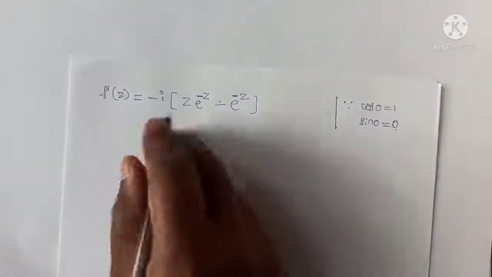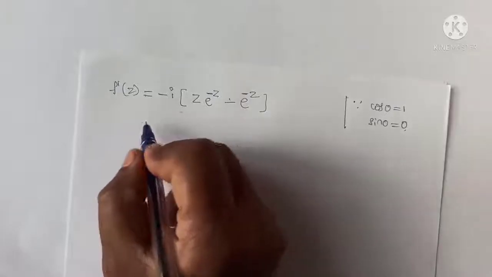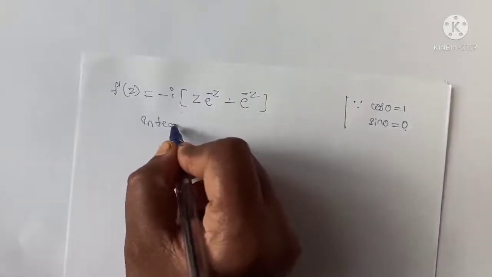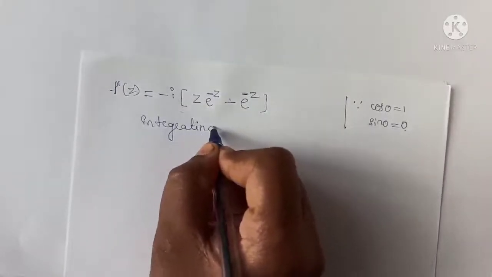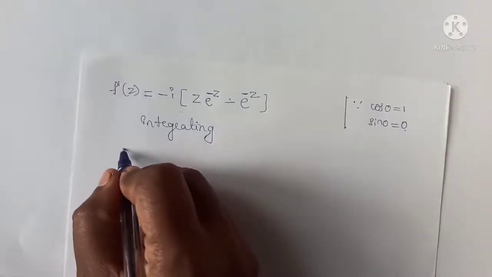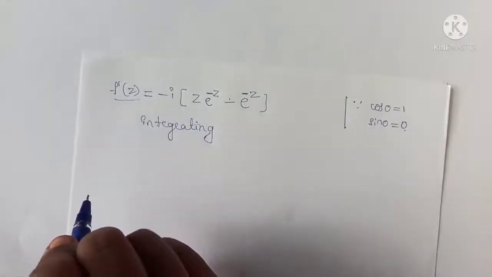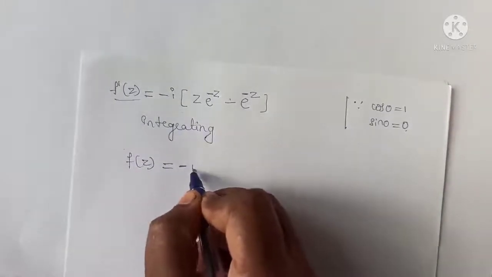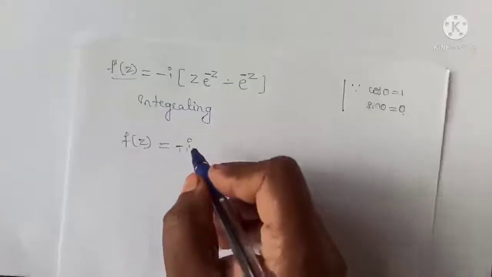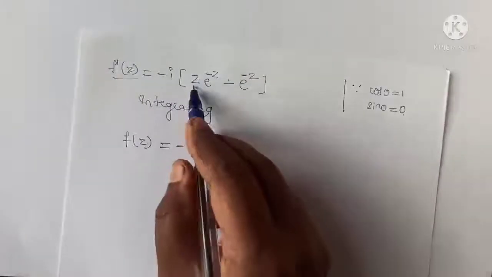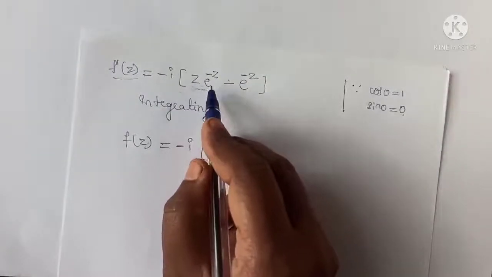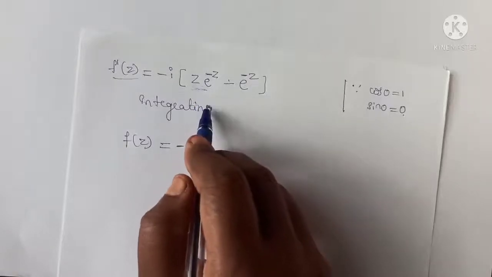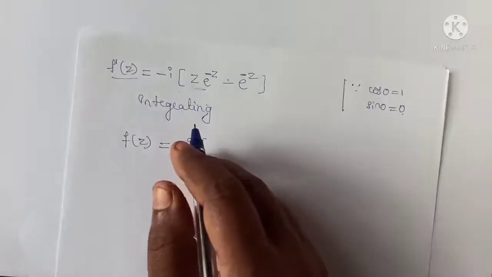Now the next step is we have to integrate. So now integrating, we get f dash of z, integration is f of z equals minus i, which can be taken outside. Now integration of this z into e raised to minus z, here we have to apply the product rule, the general form.